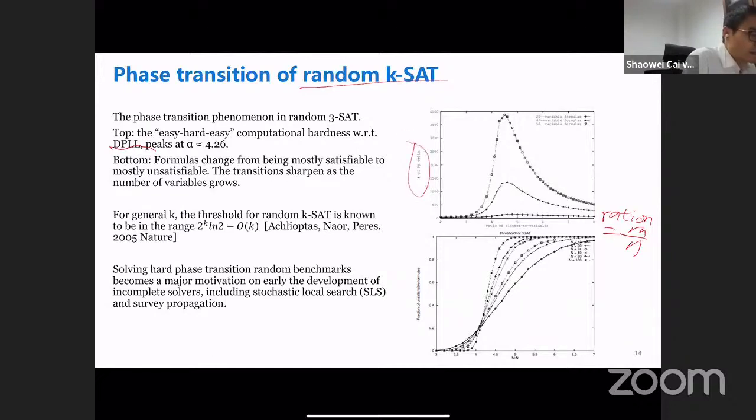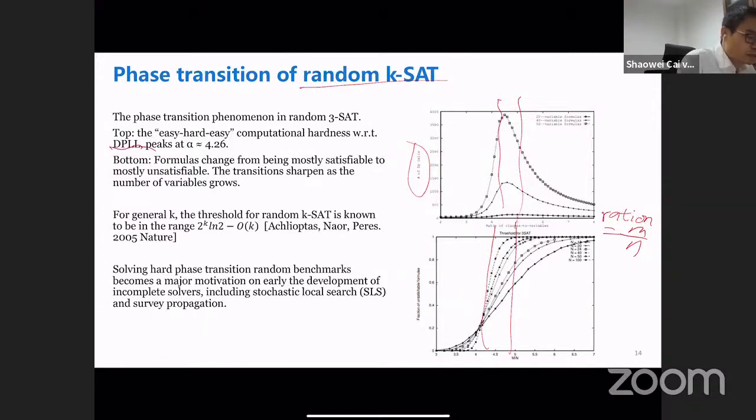And this measures how many branches of the DPLL-like algorithms have occurred to solve this formula. So we can define there is an easy to hard to easy mode, and the hardness area corresponds to the phase transition in random case set.